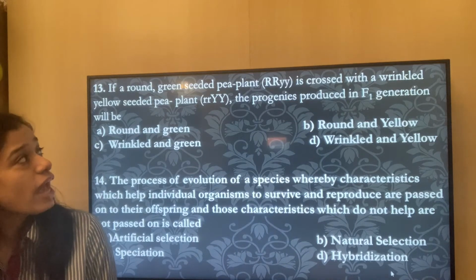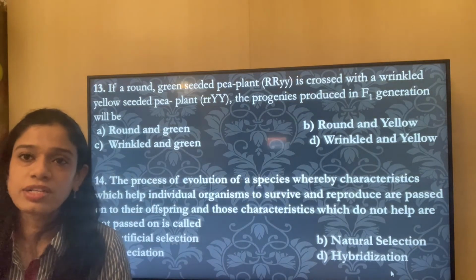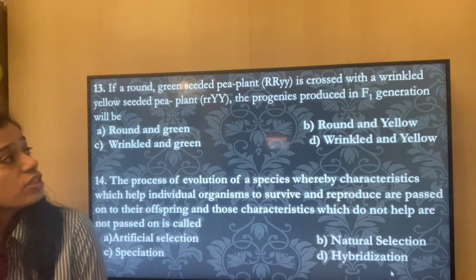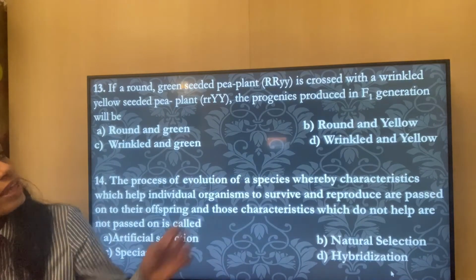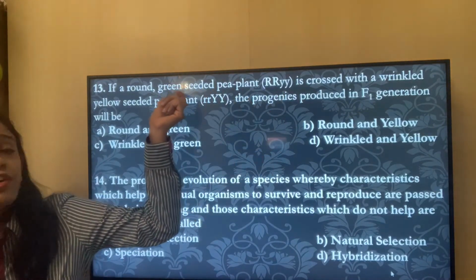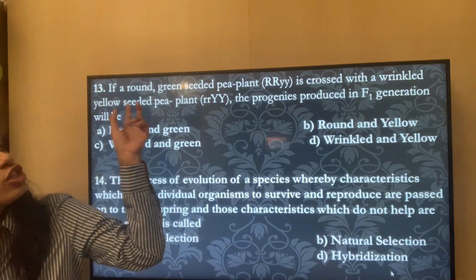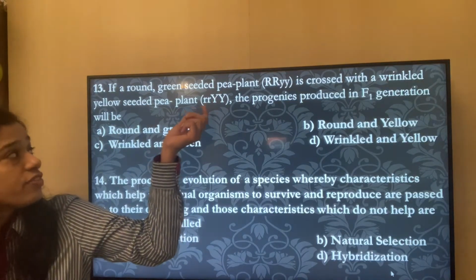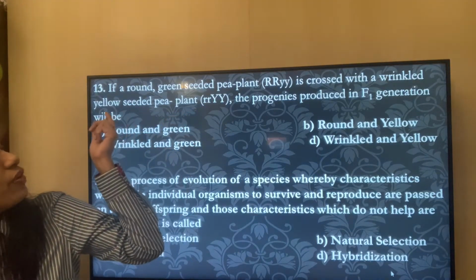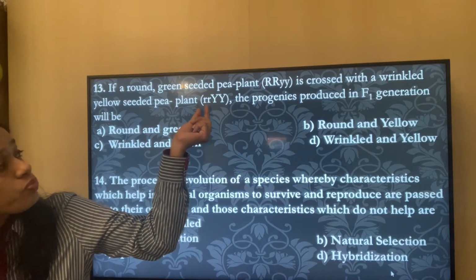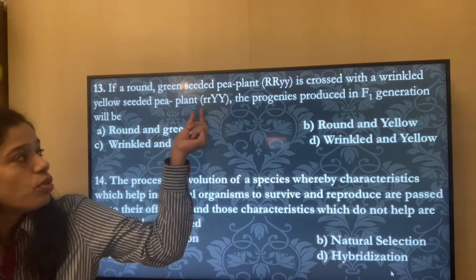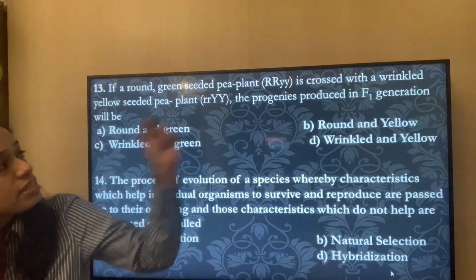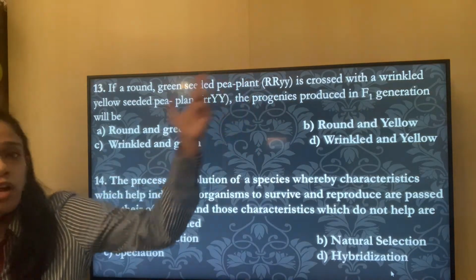If it is round and green seeded, capital R stands for round, which is the dominant trait, whereas small y stands for green, which is a recessive trait. The other plant is wrinkled yellow: wrinkled is small r, and yellow is capital Y. All the progenies will be, because this capital R is homozygous dominant, it will get expressed.